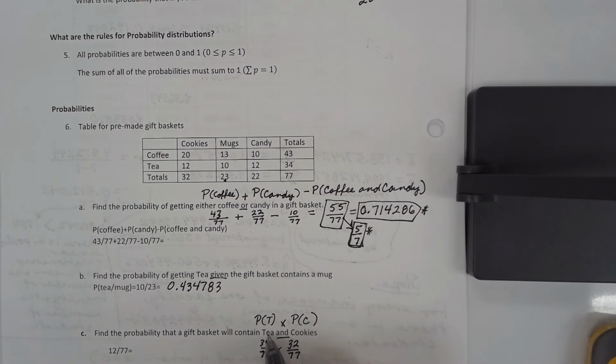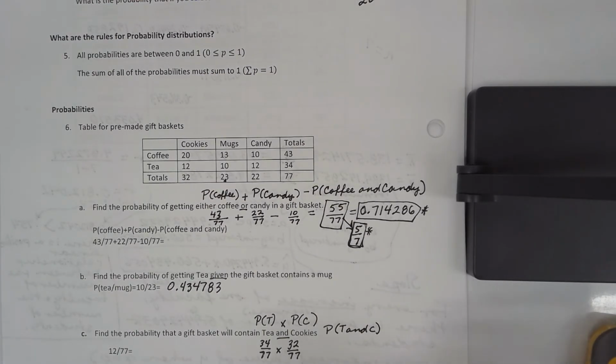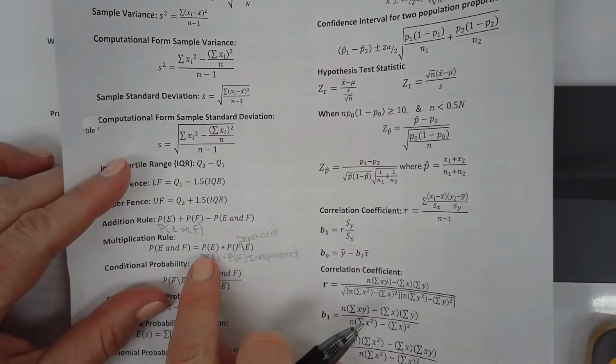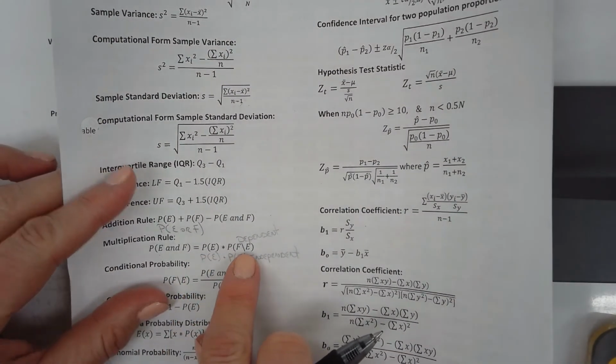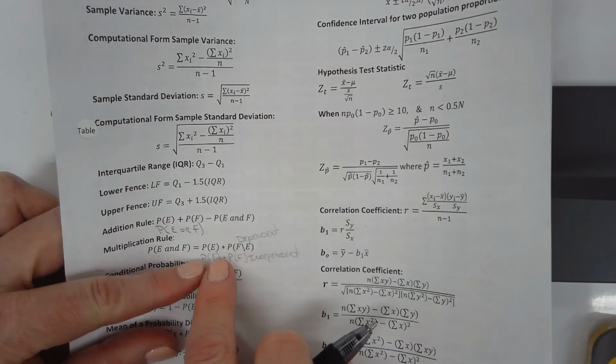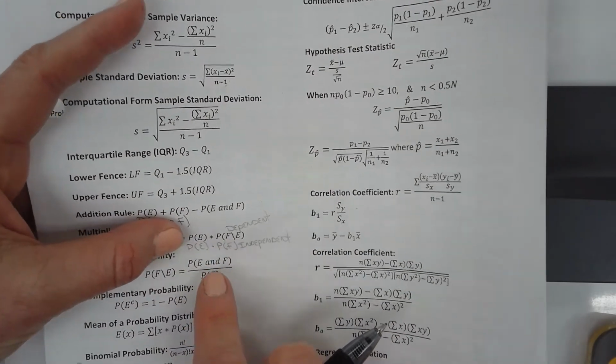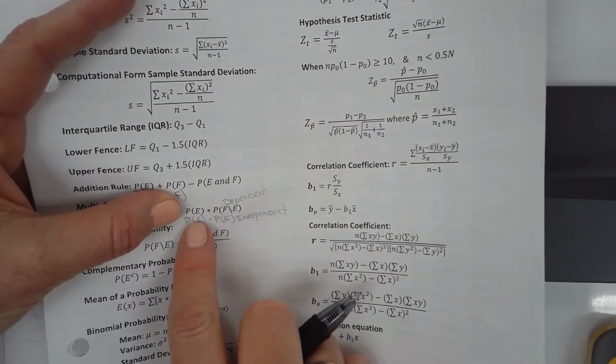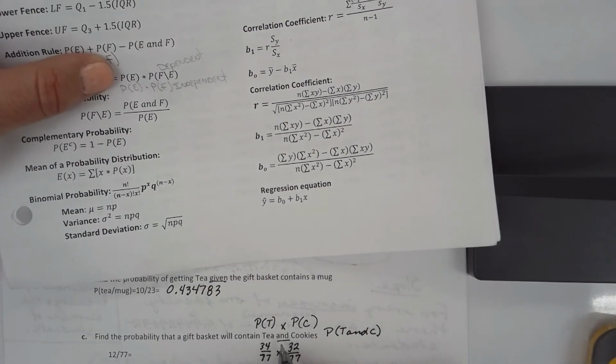Okay, so what we have here is the probability of tea and cookies, right? So look at this formula, probability of tea and cookies. Okay, so the probability of tea is that 34.